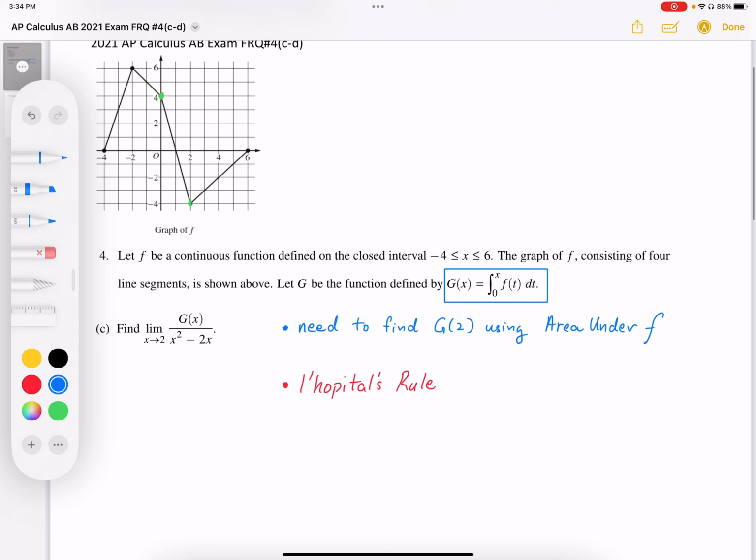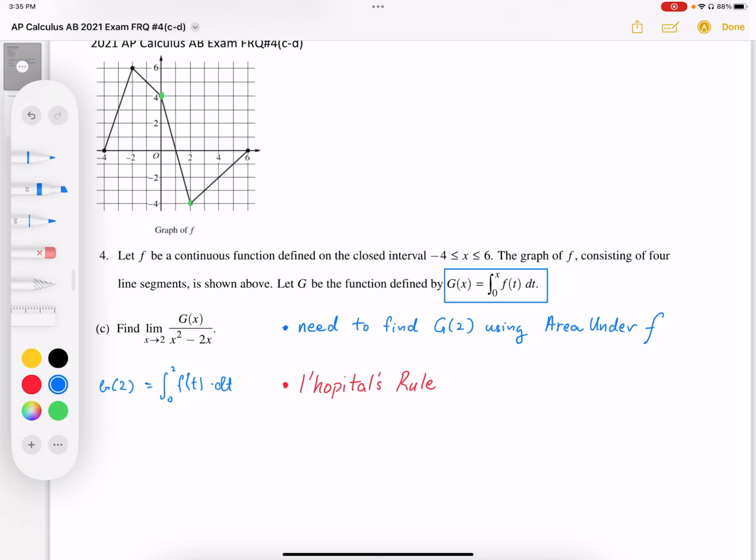So that's going to be found by finding the area between the bounds 0 and 2. So I'm just going to write this down more formally. So g of 2 is going to be equal to the area from 0 to 2 of f of t dt.